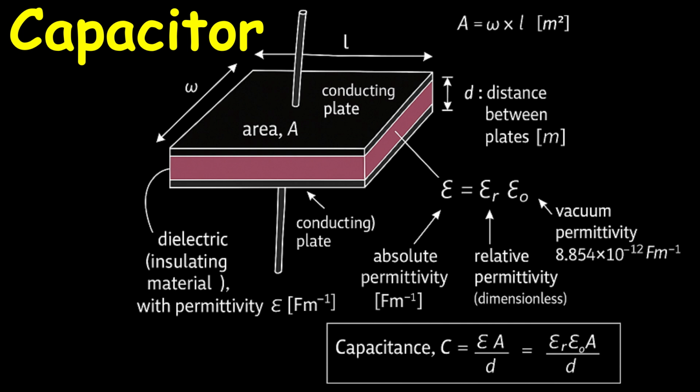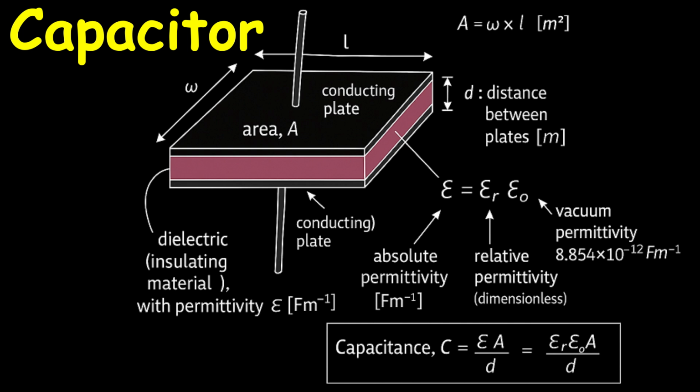It tells an engineer exactly what to do to get the performance they need. Want more capacitance? Use a material with a higher permittivity, a better sponge, epsilon. Want more capacitance? Make the plates bigger, increase A. Want more capacitance? Move the plates closer together, decrease D.